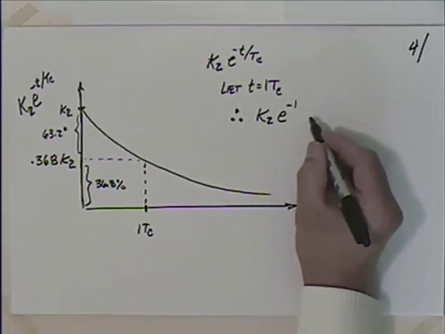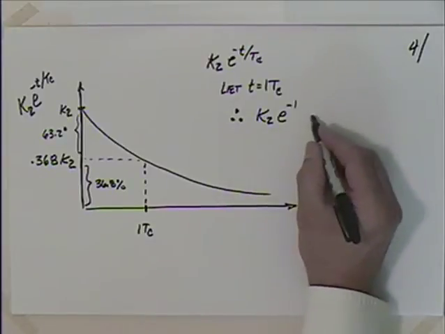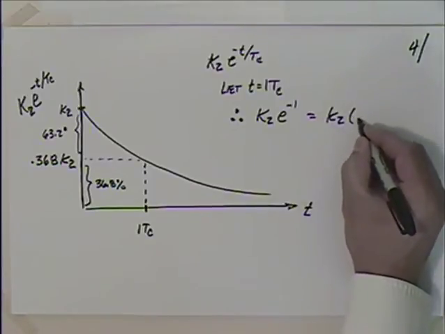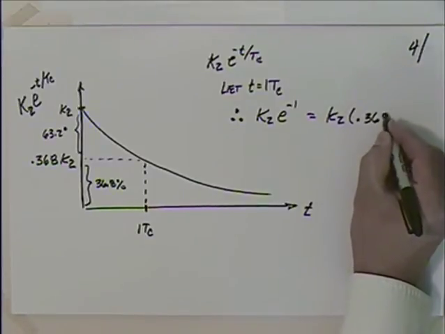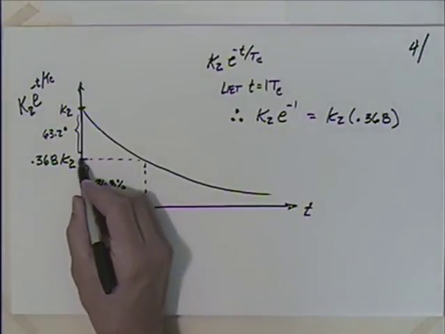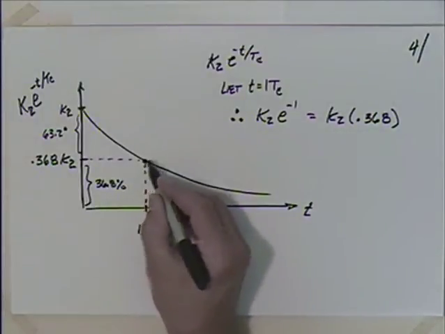And e to the minus 1 turns out to be equal to 0.368. So that's where that kind of odd percentage comes from, that odd fraction. So we know at 1 time constant, the value comes over here and hits right there.